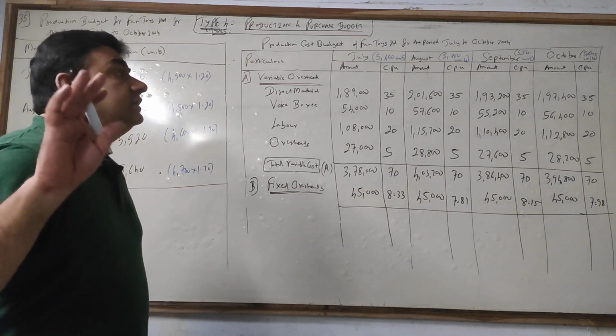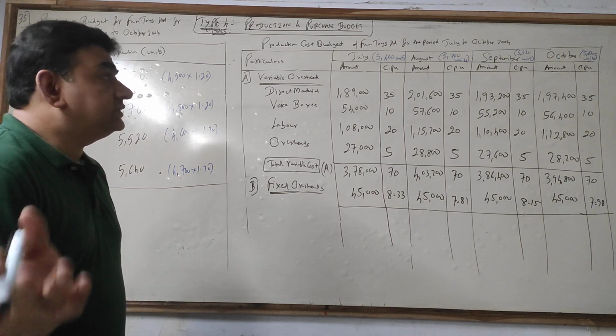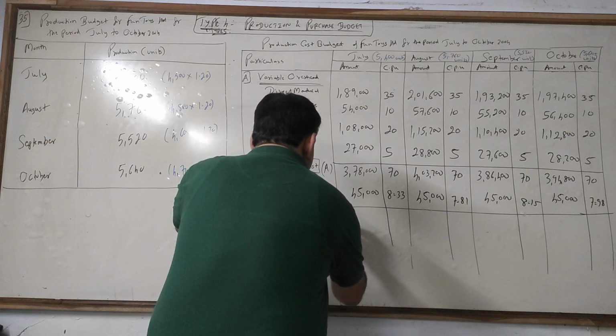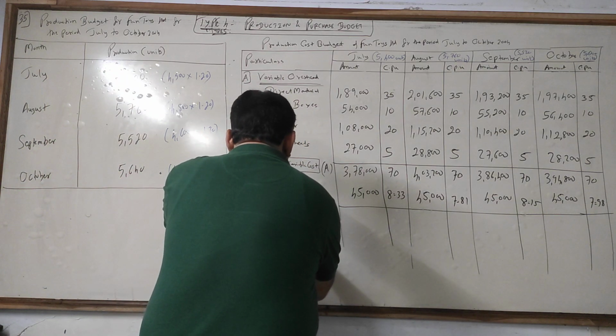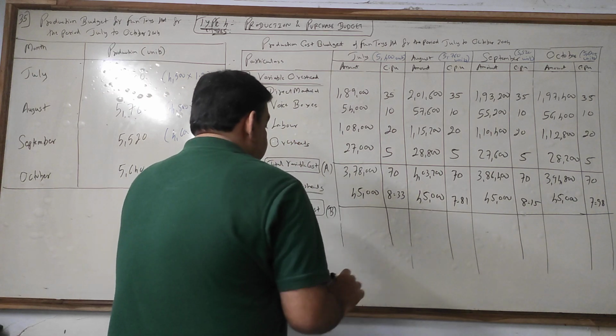Higher the units, the per unit will keep on reducing. Lower the units, the per unit will keep on increasing. This itself is the only fixed overheads. So you can make it as B, total fixed overheads.